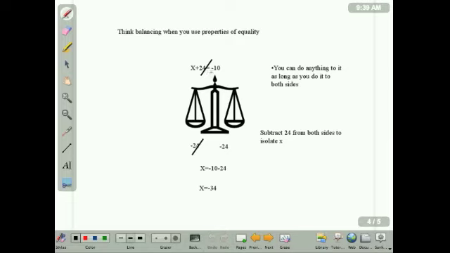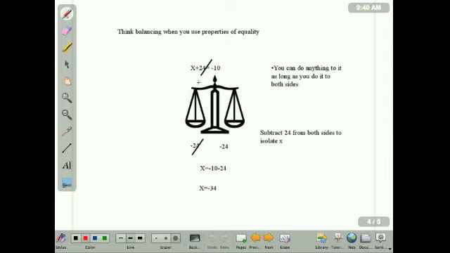So I've got an equation, x plus 24 equals negative 10. As long as I do the same thing to both sides, I can keep this balanced. Think opposites when you're doing this. What's the opposite of add 24? It's subtract 24.